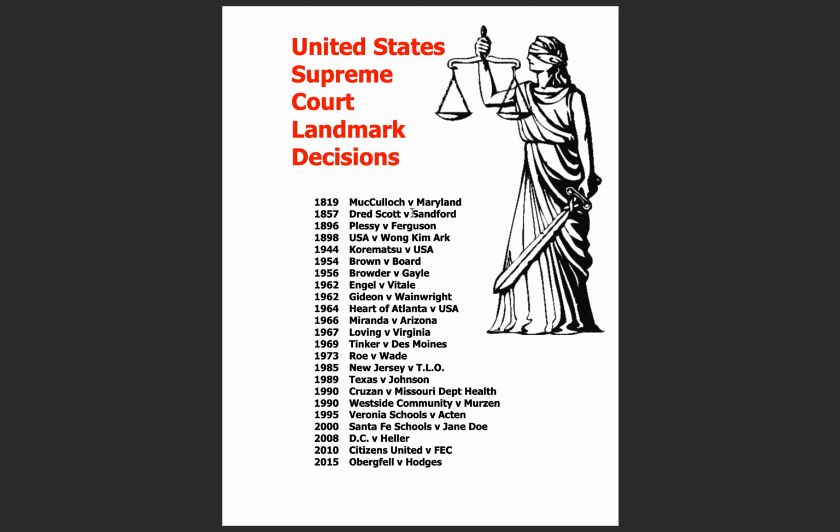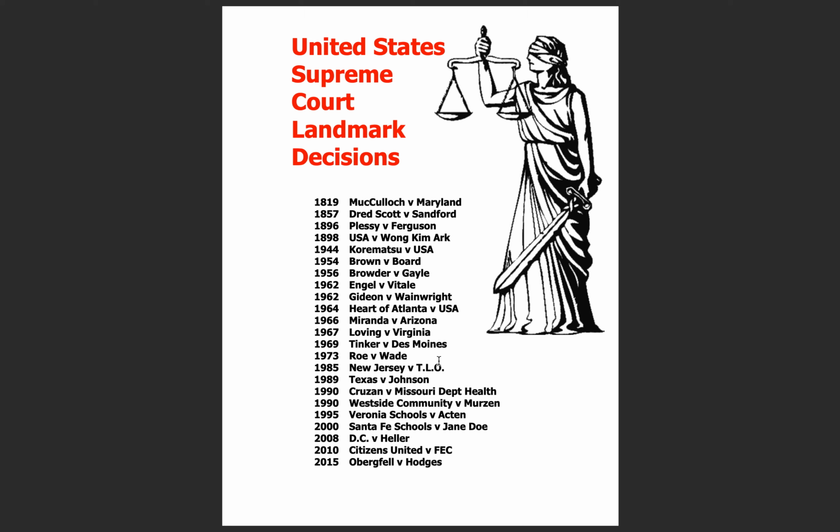Since we began the study of government with the 14th Amendment and the ensuing civil rights movement, 6 of them: Plessy versus Ferguson, as you can see right here, Dred Scott, Brown v. Board, Browder versus Gayle, and Loving versus Virginia. These are relative to the civil rights movement.